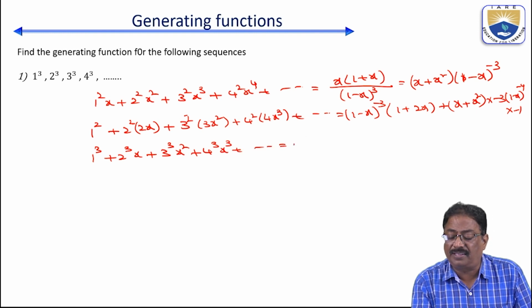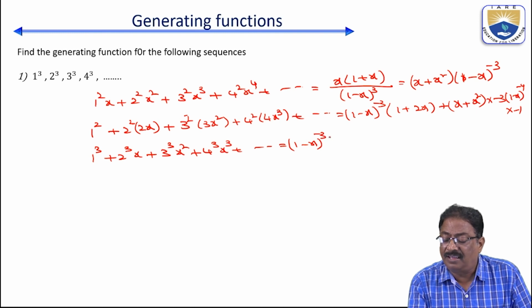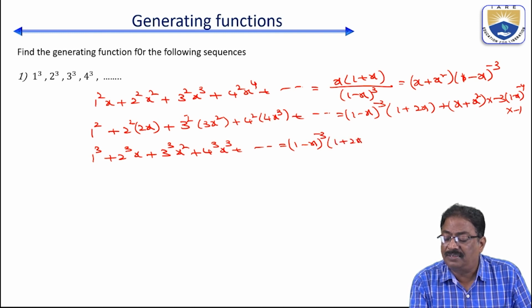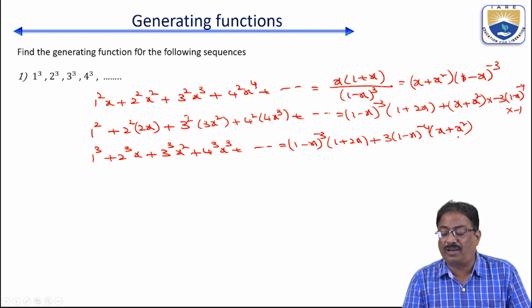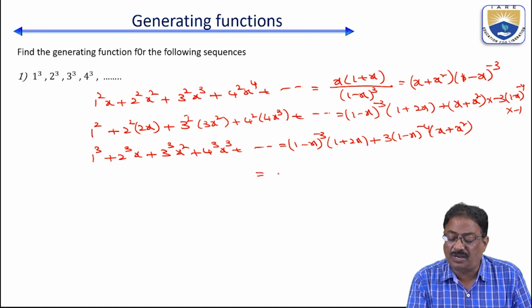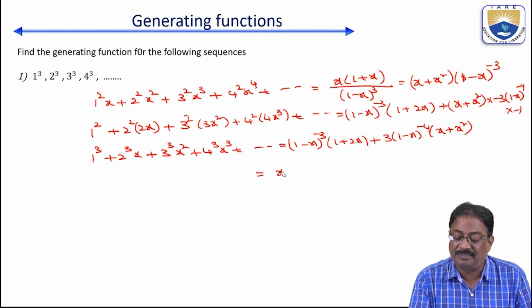So after simplifying this, (1 minus x) whole to the power of minus 3 and then 1 plus 2x, then it is plus 3 into (1 minus x) whole to the power of minus 4 into x plus x squared. So here I just took common (1 minus x) whole to the power of minus 4.